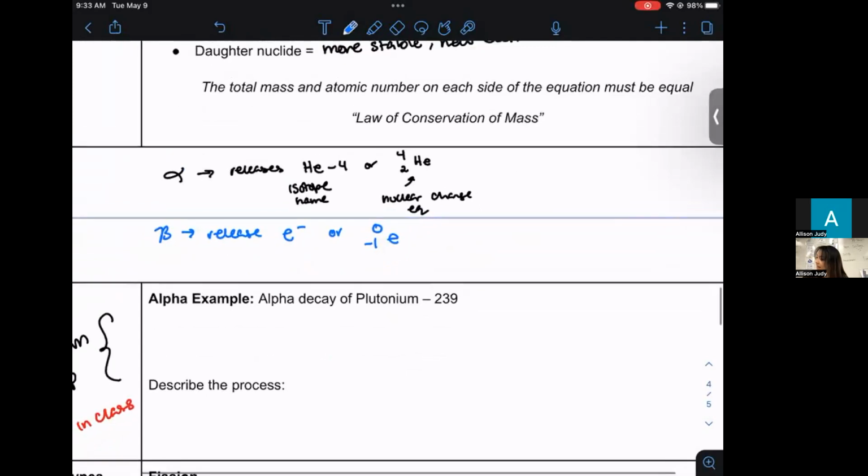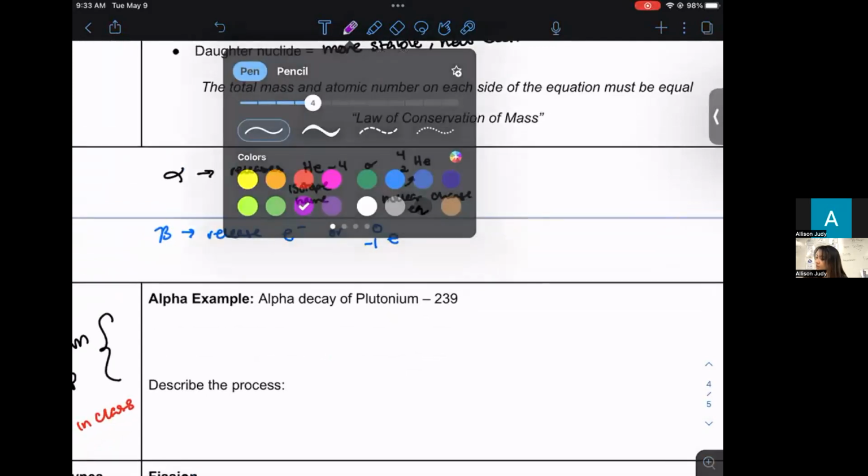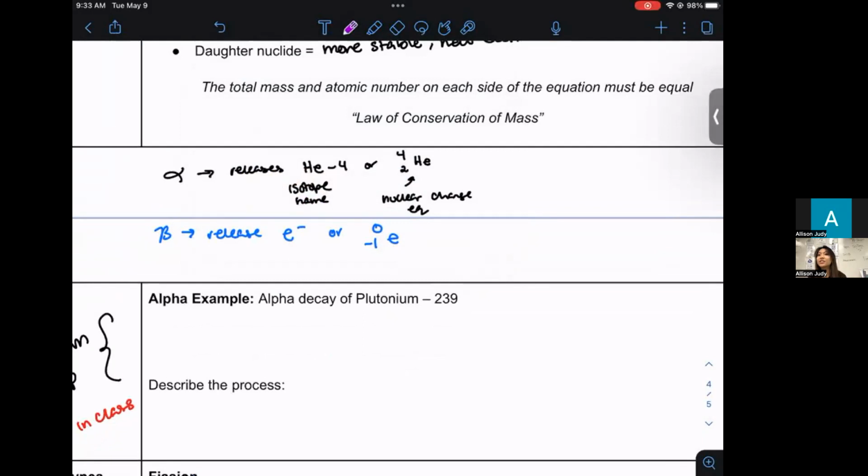What about the last one? What do we know about the last one? What's the last type of radiation, Michaela? Gamma. Tell me a little bit more about gamma. Jose? And it's not really a particle. What is it actually? It is literally pure energy.